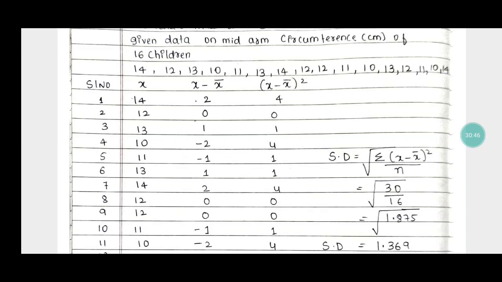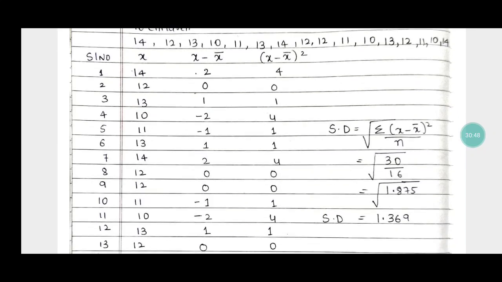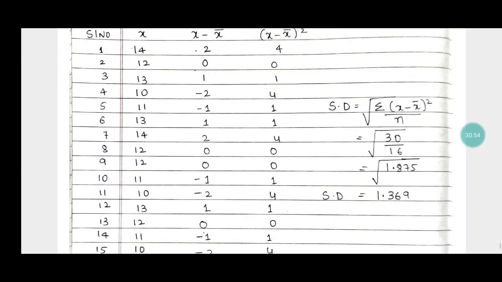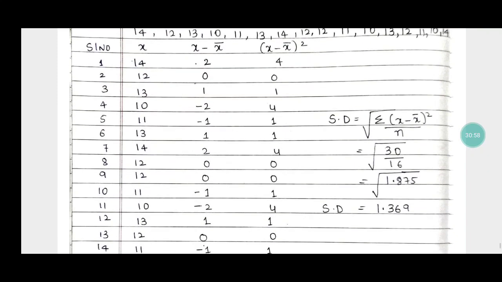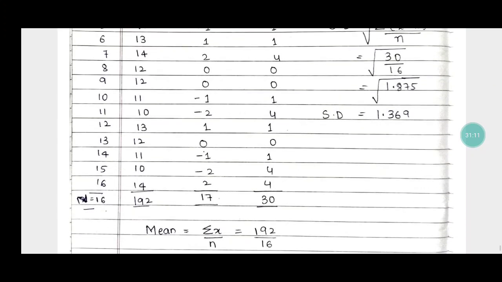So we have to calculate x minus x bar, where x bar is the mean, and for the standard deviation x minus x bar whole square. So this is the x, and x minus x bar, and x minus x bar whole square.